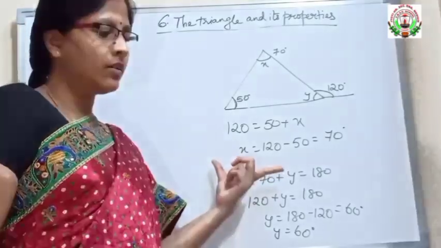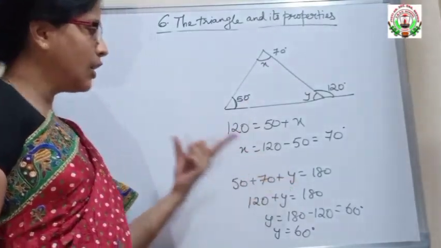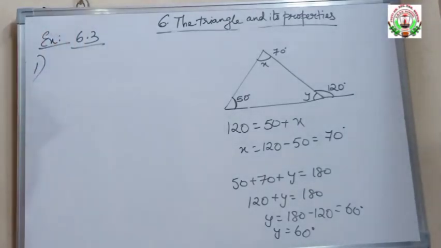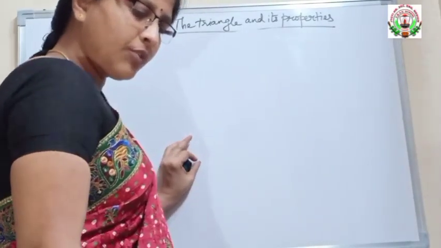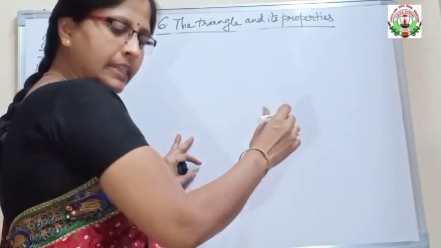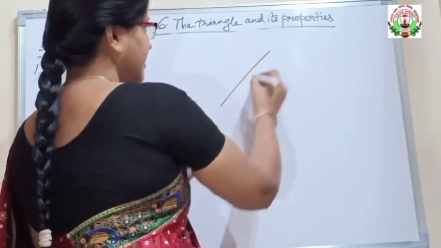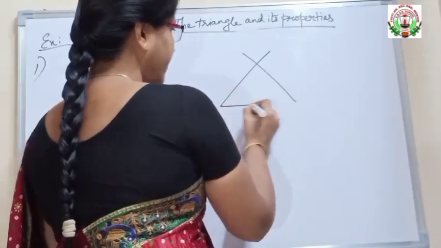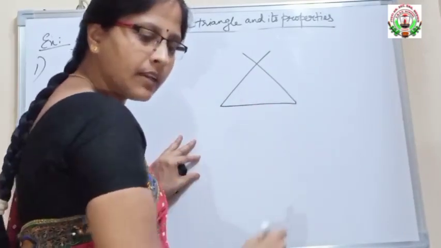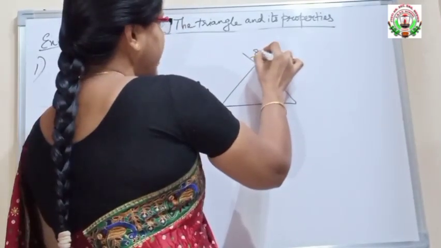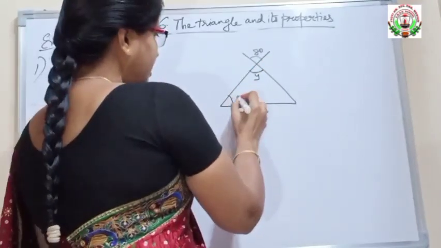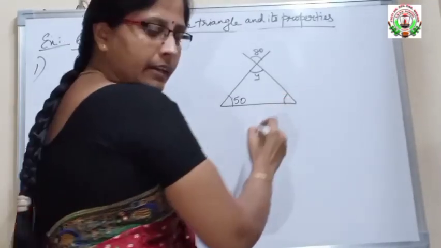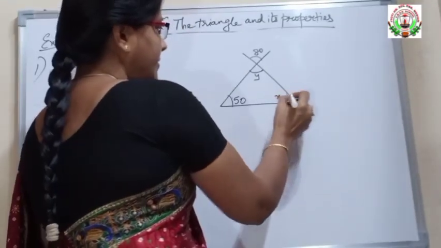One more way to solve this question is, see the second way I told you, I am going to show how to do it in the next figure. See, it is given like this. Here it is given as 80 degrees, here it is given as y, here it is given as 50 degrees, and here it is given as x.